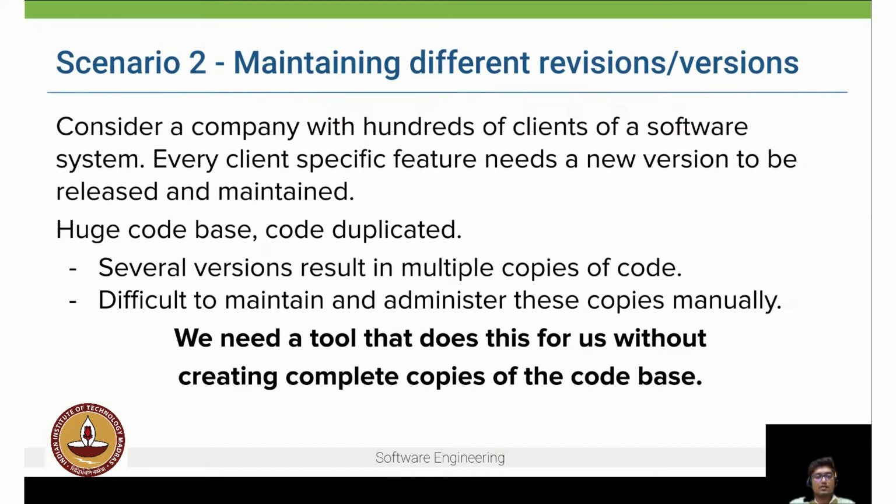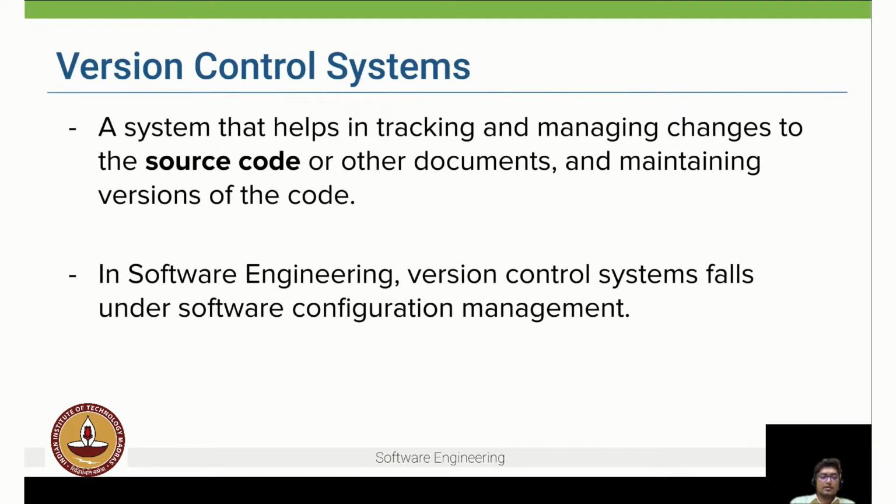So for every specific feature requirement that other clients don't need, the company will create a new version of the software, and these versions need to be maintained and stored. So again the same problem: will you store complete copies of the code base for every version? So we definitely need a tool to address these issues, and that is where version control systems are helpful.